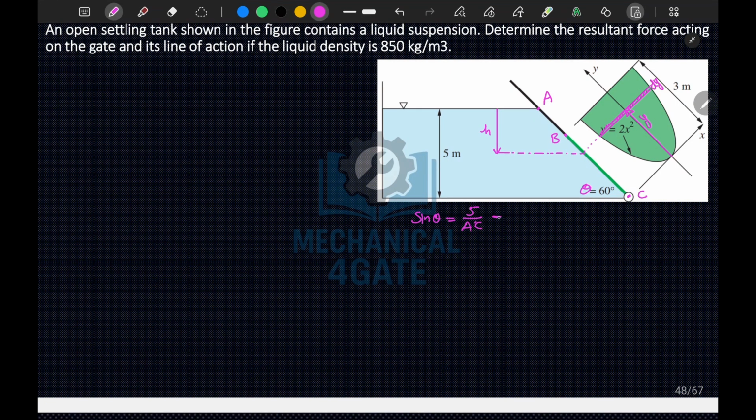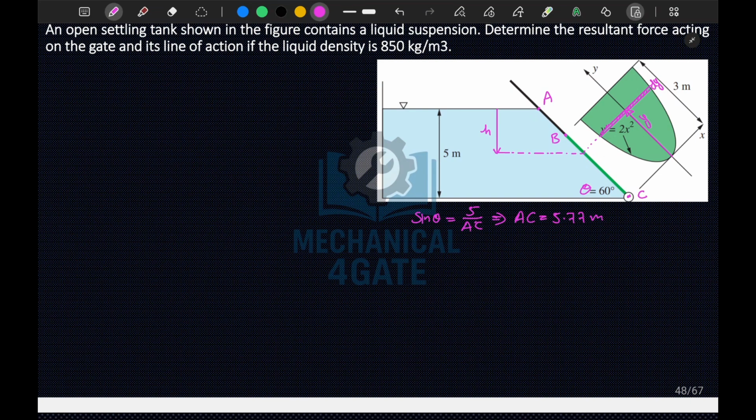So from here we can write my value of AC is equal to 5 divided by sine 60, that is 5.77 meter.